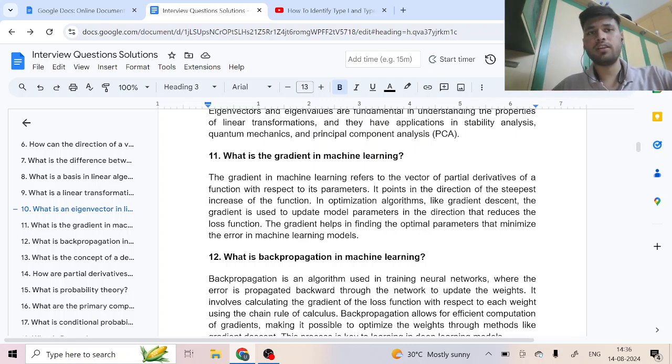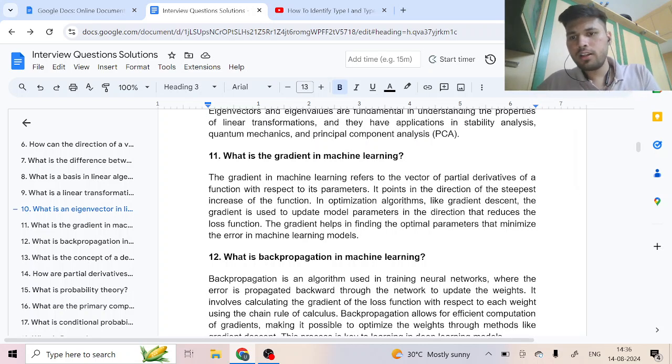The gradient in machine learning basically refers to the vector of partial derivatives of a function with respect to its parameters. Through this line alone you can't understand it, so let me explain gradient descent. In the gradient descent problem, you have a U-shaped curve, and we have to find the minimum point of that curve. So the gradient is a vector of partial derivatives with respect to its parameters.